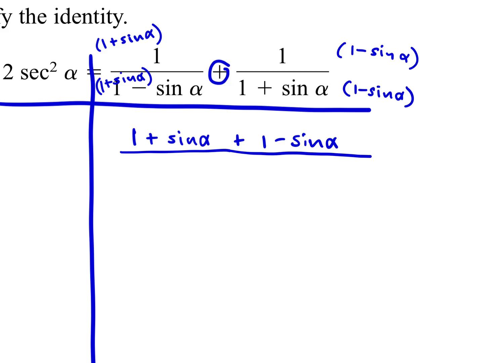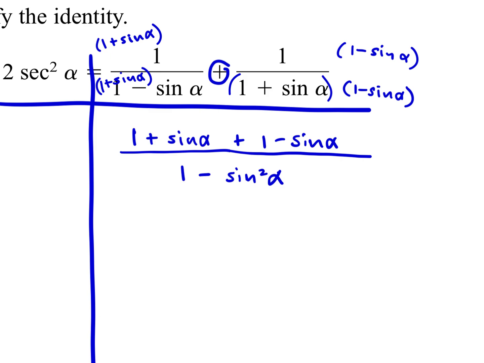And then our denominator, you can FOIL it together if you want. We've got 1 plus sine alpha times 1 minus sine alpha. When we FOIL those, we could use our conjugate shortcut, so it'd be 1 squared minus sine squared. Anything simplify?